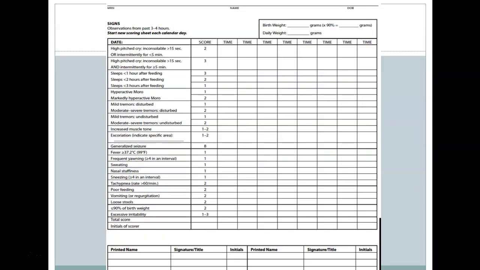And this is an example of a scale we use when we're scoring an NAS baby. Notice they talk here about a high-pitched cry, their sleeping patterns, their hyperactive Moro reflex or startle reflex.